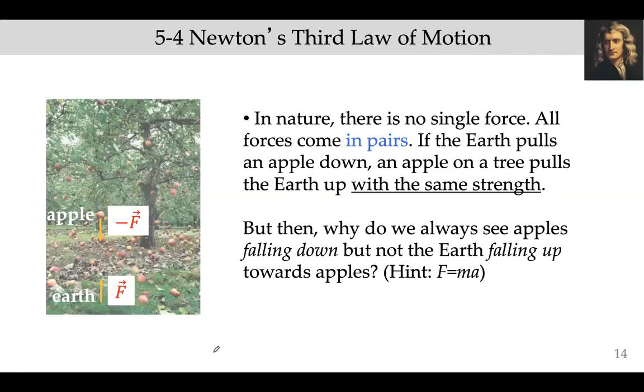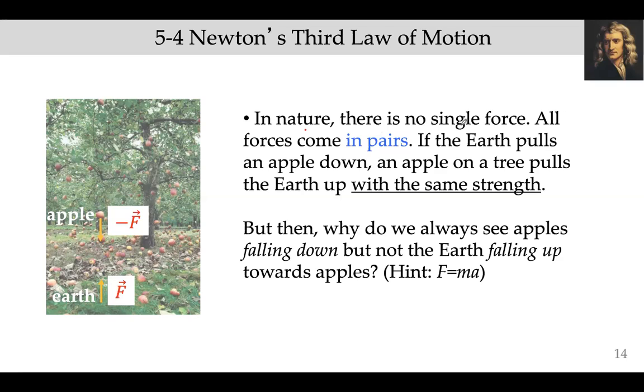Okay, now let's go back to the apple. I am pretty sure that you had the question: how can the apple pull the earth with the same force? So let's start with this. In nature, this is actually Newton's third law of motion.